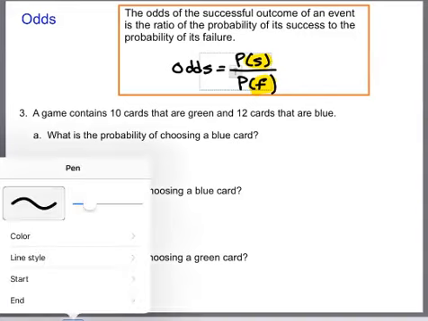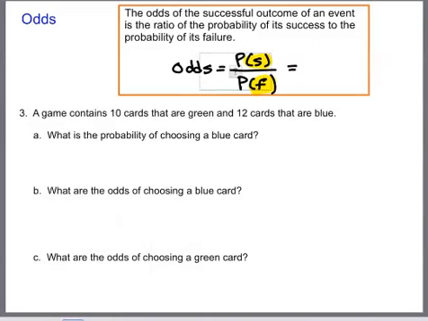We can say successes over the total minus the successes, for example. I'll show you what I mean here when we talk about odds for number 3.